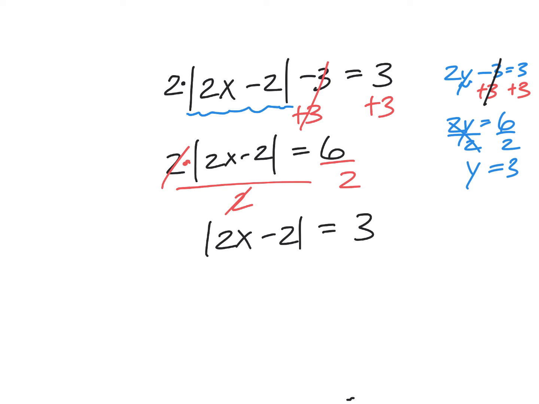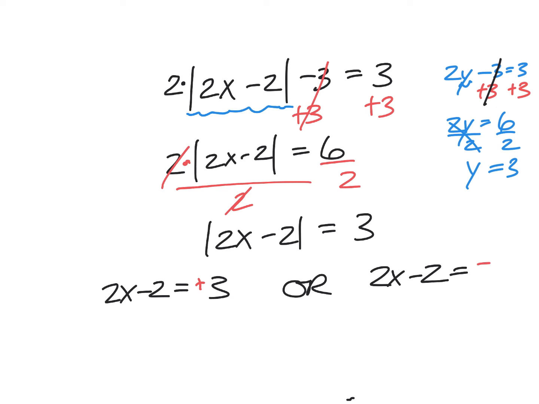Now I do my 2 cases. 2x minus 2 equals, again, positive 3, or 2x minus 2 equals negative 3. Always have your 2 cases. And then you work them out. So add 2, add 2. So 2x equals 5, divide by 2, and you're going to get a fraction here.